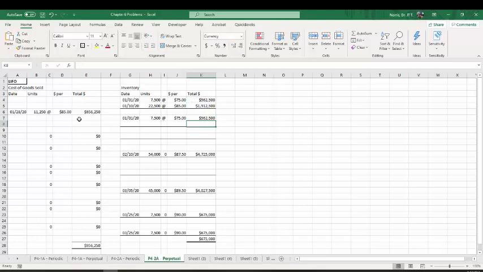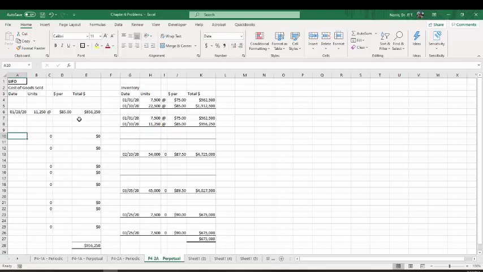And then we have left over, because we sold 11,250, we have 11,250 of the $85 per, and that's the batch of inventory that we have when we make our next sale.